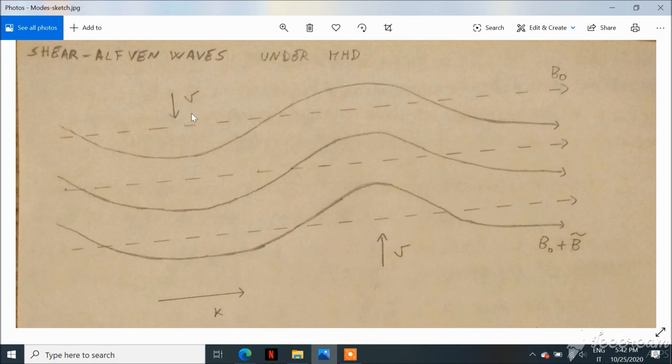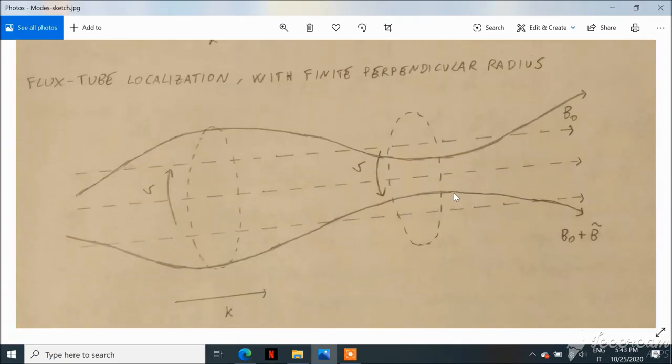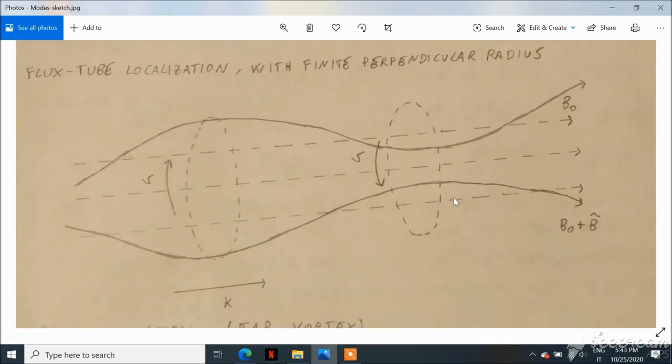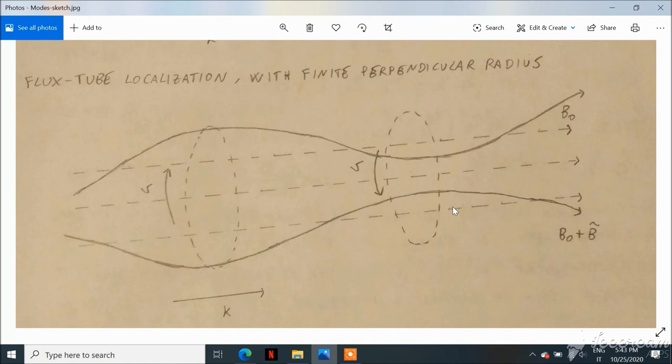Here the velocity v is the fluid velocity, which is in phase with the magnetic field, and here the magnetic field lines are indicated by B0 plus B tilde, which means the perturbation. And so this is the basic phenomenon of shear Alfvén waves, which exist also under the simple MHD model.